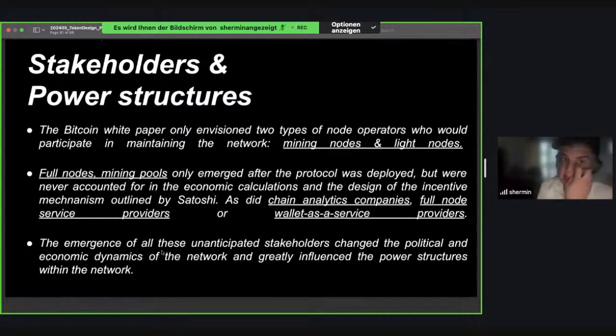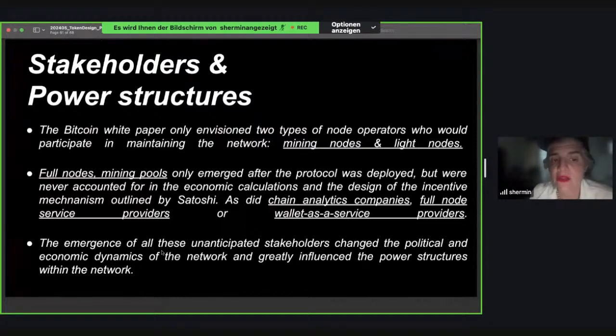And to end, when we look at the stakeholders and the power structures, we can analyze the following. The Bitcoin white paper only envisioned two types of node operators, mining nodes and light nodes. Full nodes and mining pools only emerged after the protocol was developed.